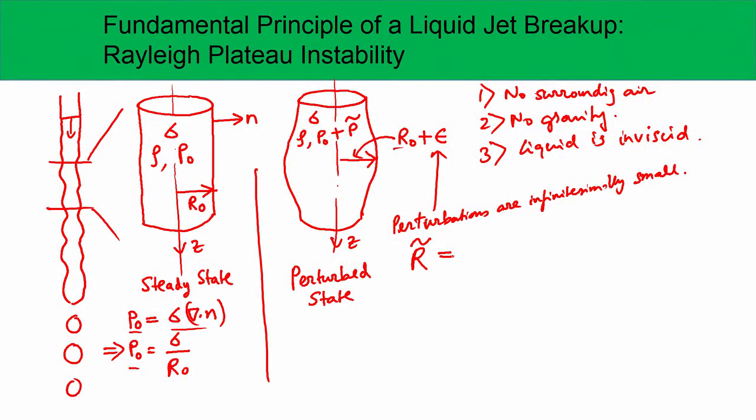So we write that the perturbed columnar surface takes the form R tilde is equal to R0 plus epsilon times e to the power of omega t plus i k z.